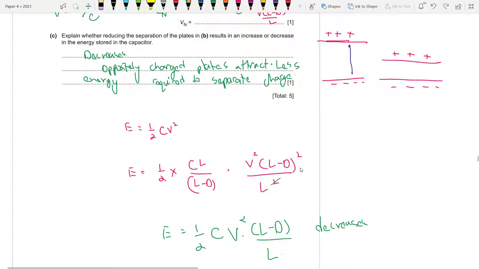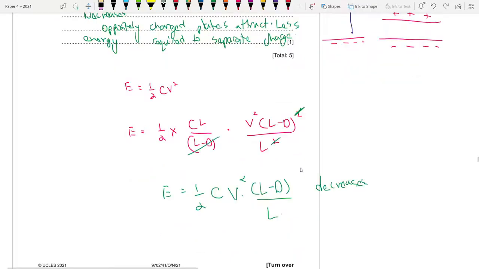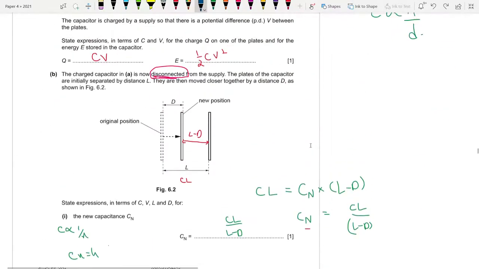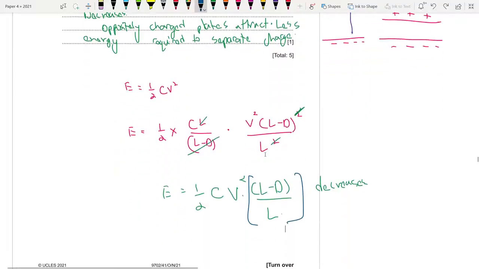Now if you do the reduction, if you cancel the L's and L minus D's, you'll end up with half CV square into L minus D by L. Now, this is a fraction, right? And the numerator is smaller than the denominator. So, a fraction has been multiplied with the original energy of half CV square. So, the total energy has decreased. You could also show this mathematically, okay?